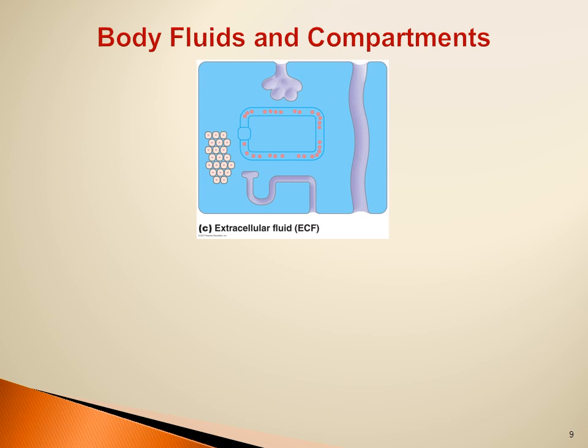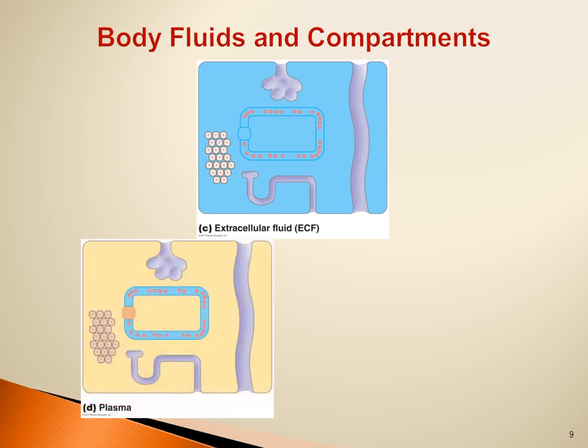The extracellular fluid is further subdivided into two subcompartments, and these two subcompartments are the plasma, the liquid part of the blood. I said in the previous lecture that blood is formed of cells and a liquid part.